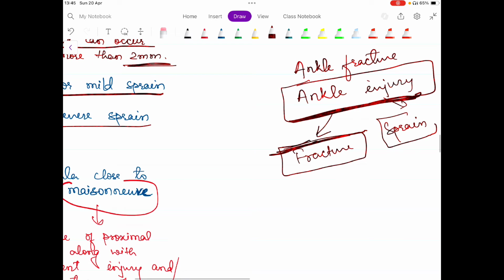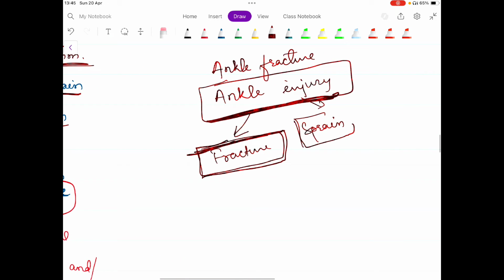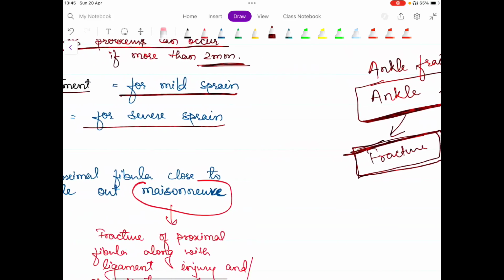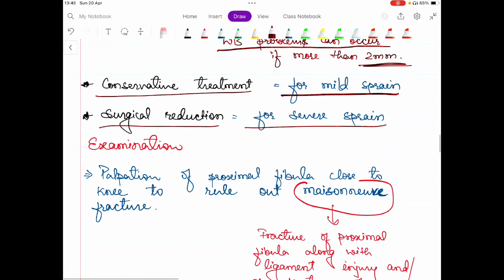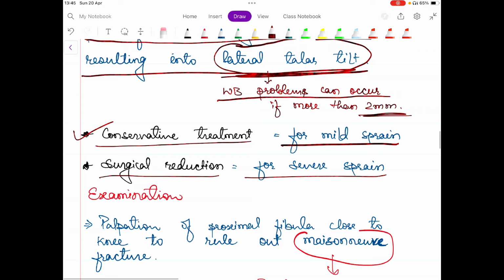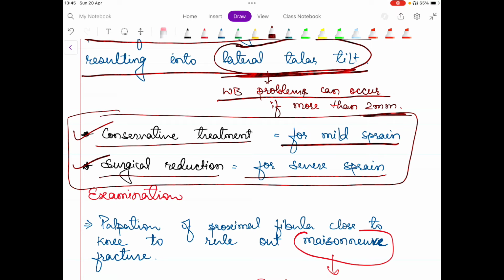In the second video, we discussed the management protocol for the fracture. And in the third video, which is this one, we have discussed the sprain. And in the fourth video, which is the upcoming video, we will talk about the PT management for sprain. So this is the conservative treatment and then the surgical reduction, and we have discussed both of these in the previous video.